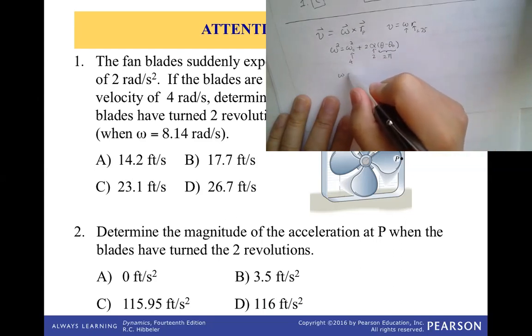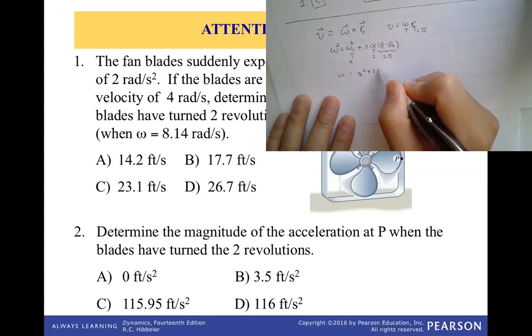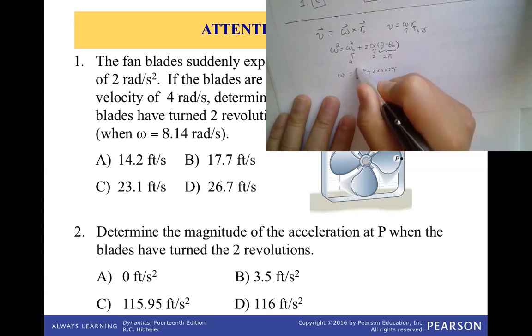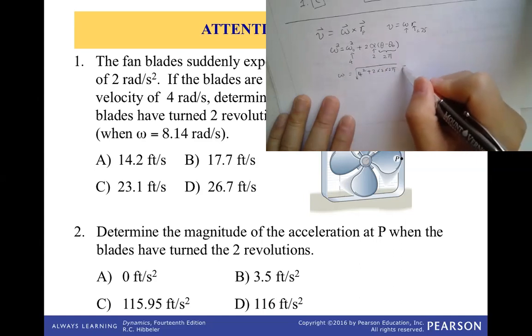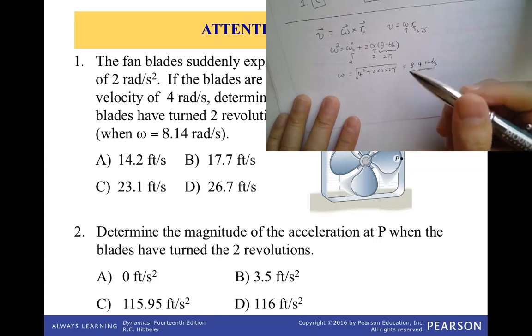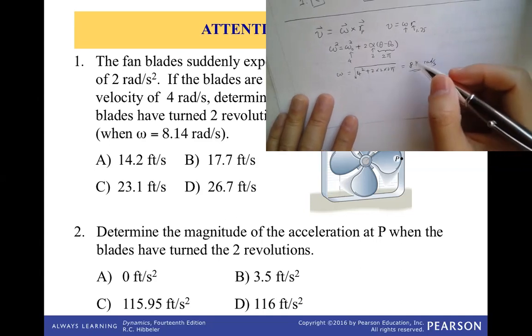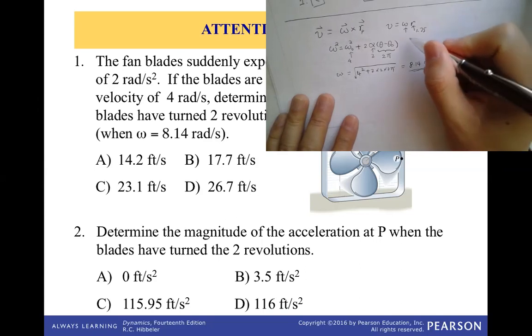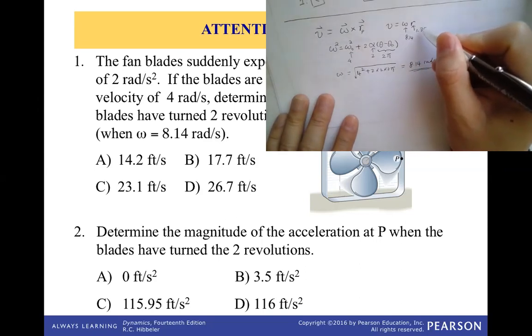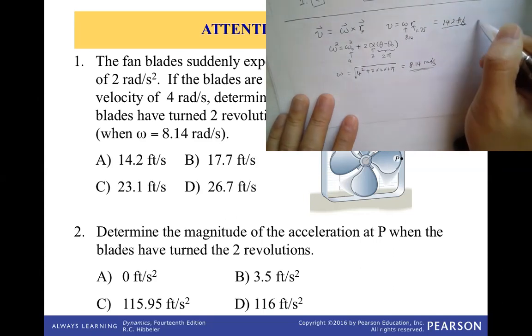So omega squared equals 4 squared plus 2 times 2 times 2 pi, and then you take the square root to solve for omega. This turned out to be 8.14 radians per second. Then you just plug in the number, 8.14 multiplied by 1.75, which will give you 14.2 feet per second. So that would be answer A.